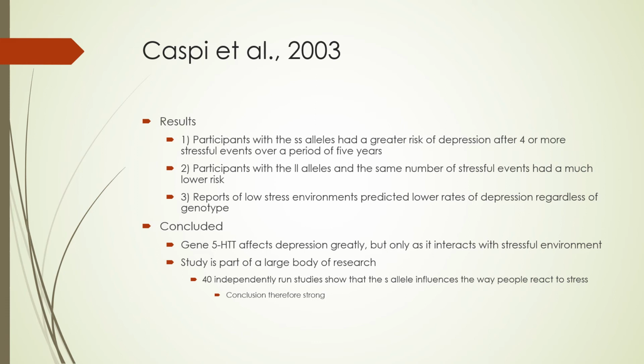The reason why we care about this in neurotransmitters, and when talking about neurotransmitters, is that really the fact that this stressful environment caused rates of depression, that points to lower serotonin levels and an imbalance of serotonin within the system.